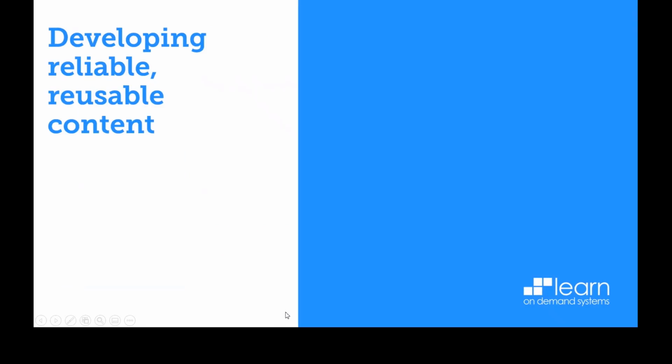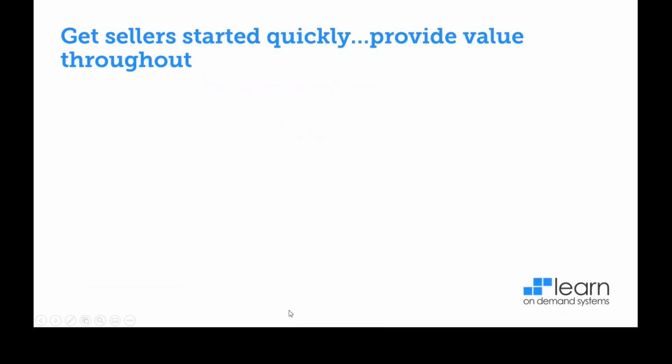What makes this reliable? One of the things we found is that the structure and the relevance of the content are very important in getting sellers started quickly, and that value is provided throughout. Sellers don't have to consume all of the material in order to start using it.